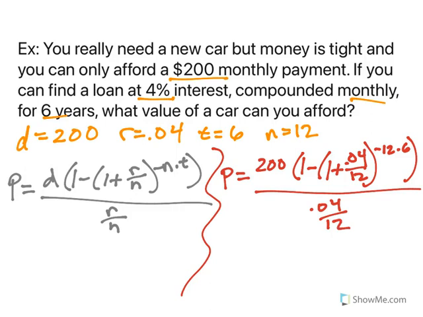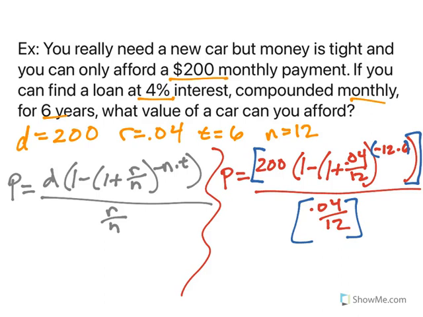I recommend that you work numerator and denominator all together at once, but sometimes it's not so easy. So if you're going to put this all into your calculator at one time, make sure you put extra parentheses around the top, extra parentheses around your exponents, and around the bottom.